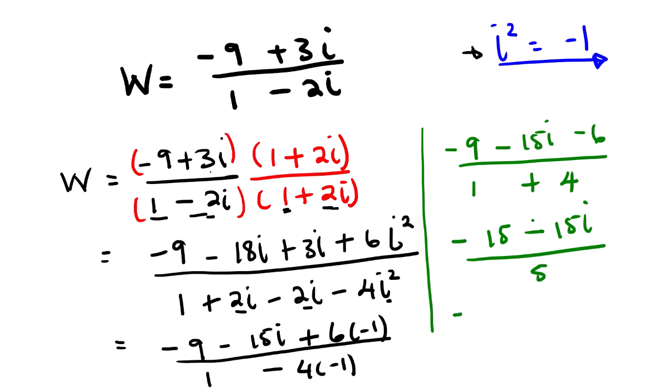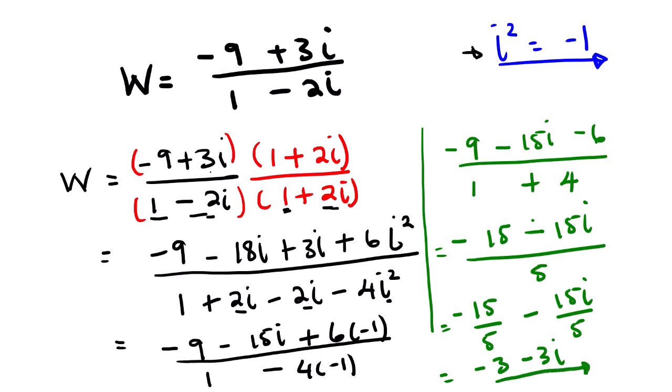Then from here, we take each and every term over 5. So negative 15 divided by 5 is negative 3. Negative 15i divided by 5 is negative 3i. So this is our complex number.